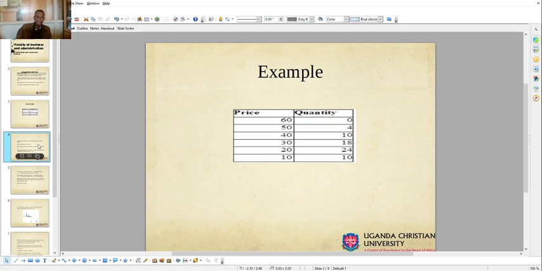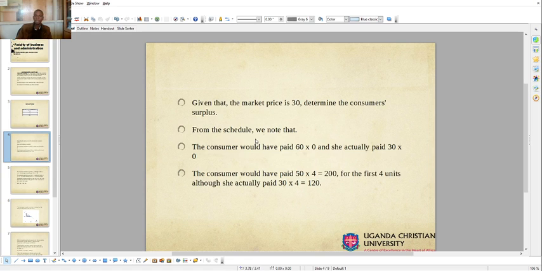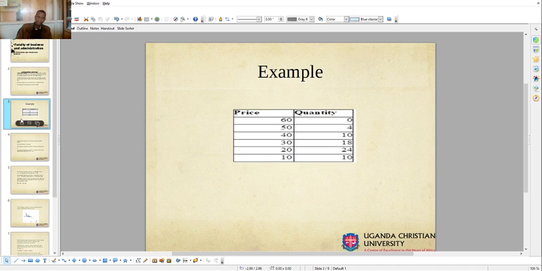So the question is: given that the market price is 30, determine the consumer surplus. This is what we had in mind, what we were willing to pay at a given point.